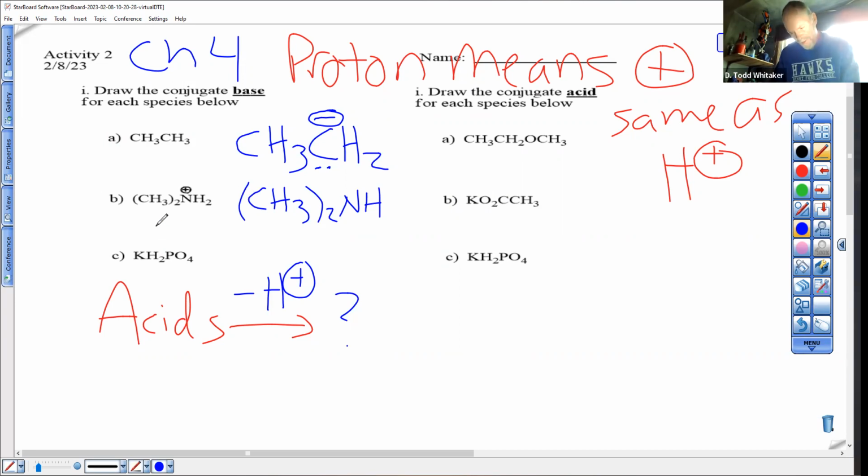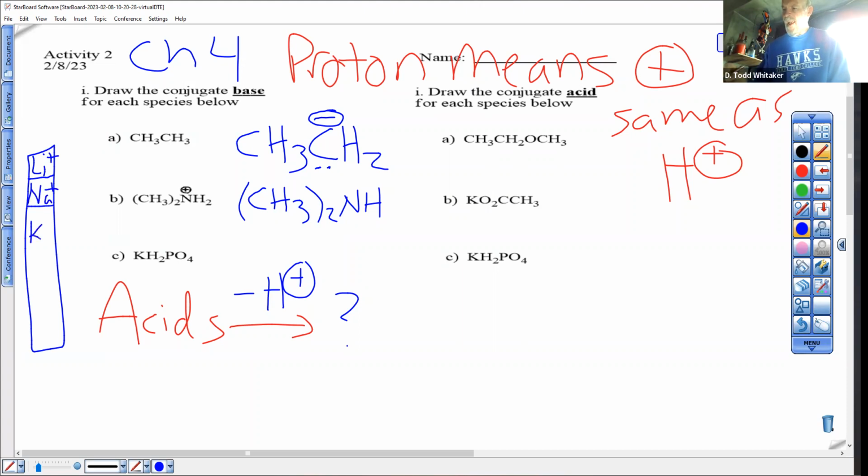Now, a very important thing I'm going to bring up right now. This species has an ion that doesn't ever do anything. Ions from the first column of the periodic table that aren't hydrogen, we're talking lithium, cation, sodium, cation, potassium, cation, rubidium, cation, cesium, cation.